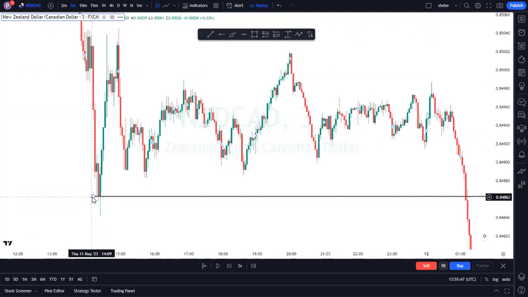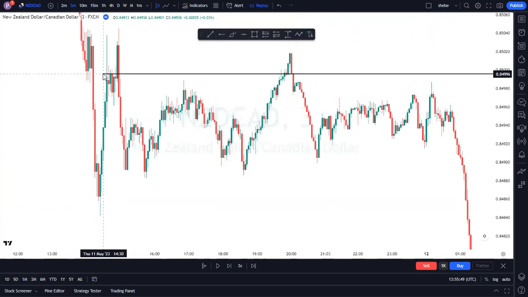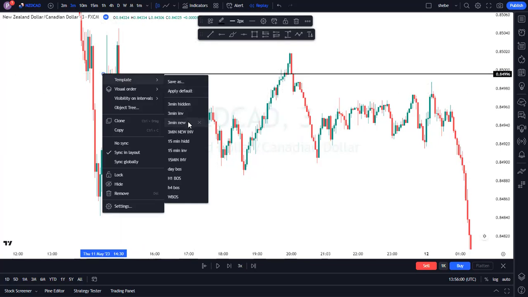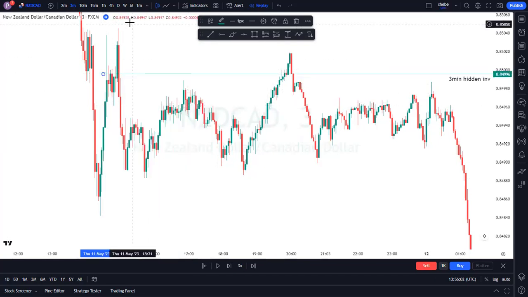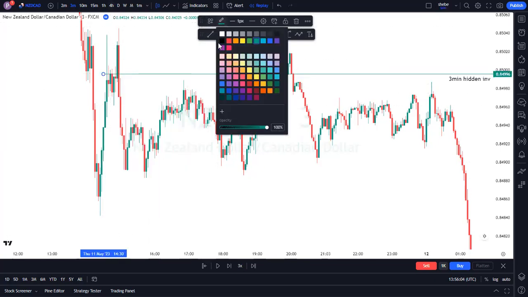But when the price came, it exceeded, hence making this one our hidden invalidation point of 3 minutes. So now let's see what happened.